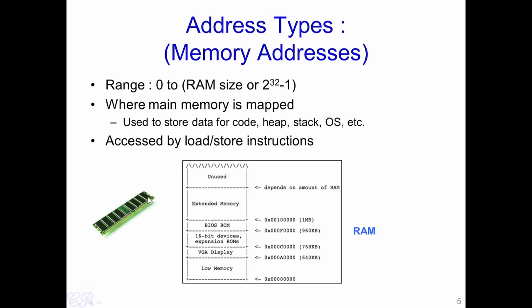So, this memory unit could be as small as a single byte, or in some systems it could be a word, that is, it could be of 16 bits or 32 bits. Now, how is this RAM used?